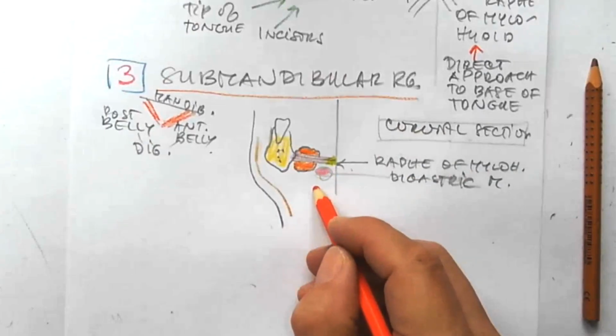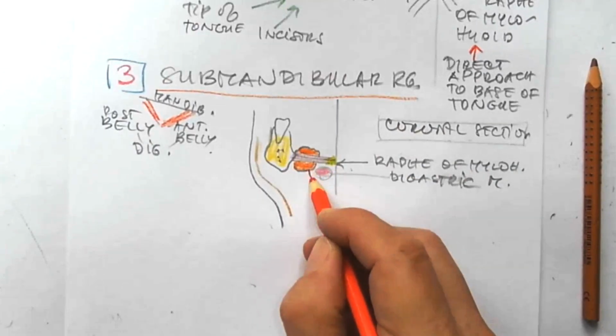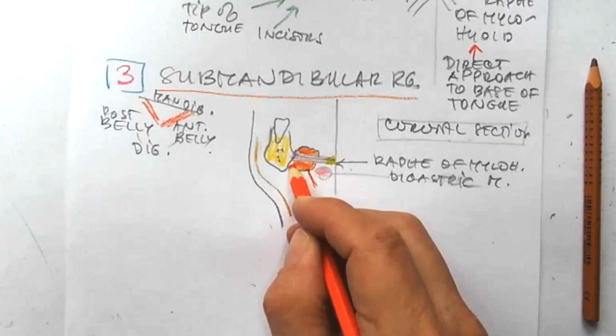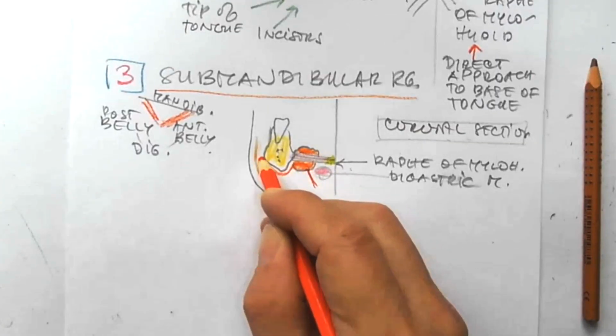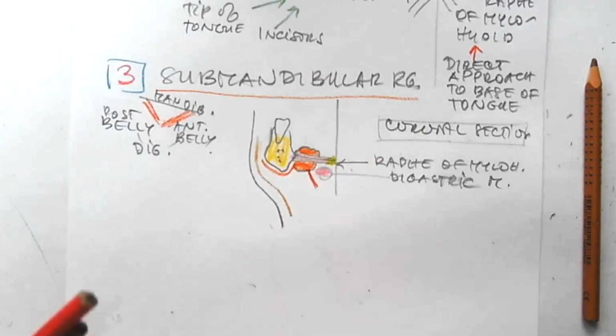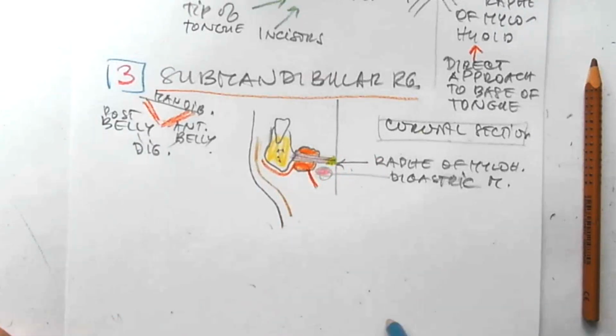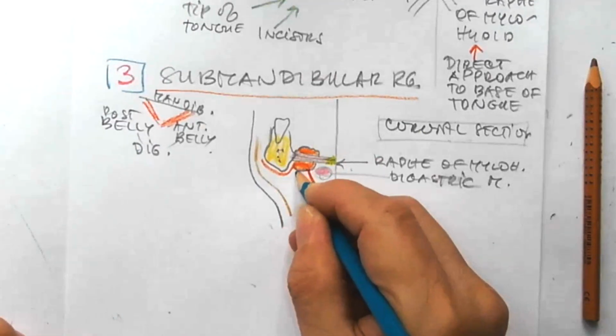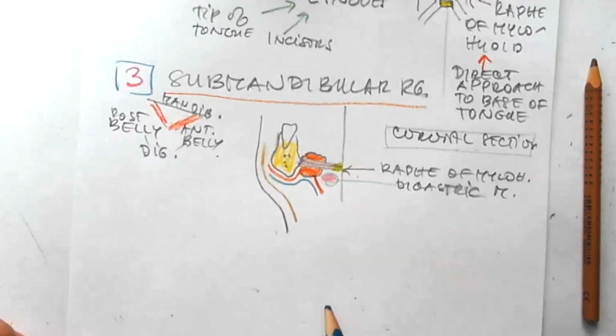And then looking at the course of the artery. Note please that the artery, I mean the facial artery, passes through the gland surrounding the mandible, and the vein in blue passes in close proximity but not through the gland.